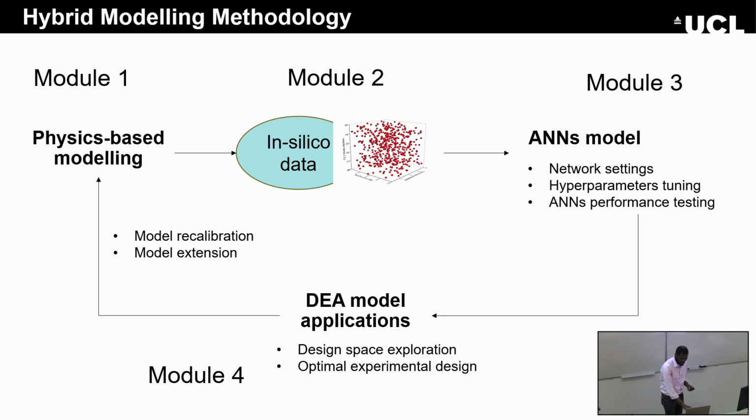And then after training, we would be able to check for further experimental conditions that would make the ANN performance even better. And that is where the differential evolution algorithm comes in to optimize the experimental design. And we can also use further design space exploration. And these will feed back into the physics-based model for further model recalibration and further model extension.